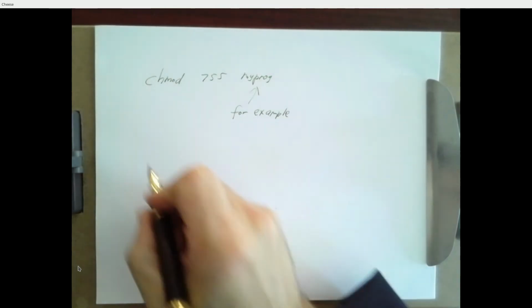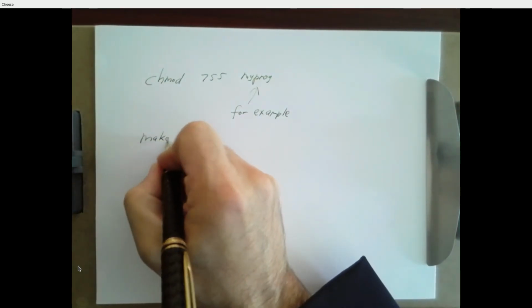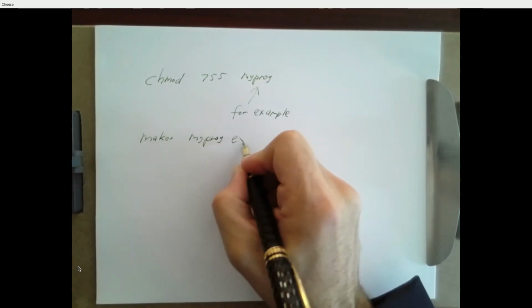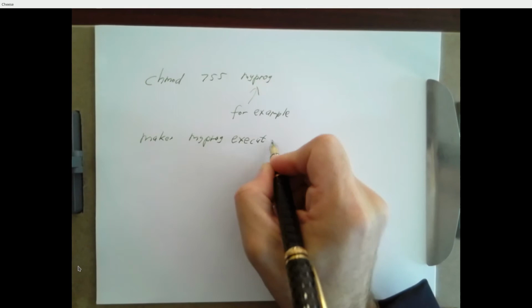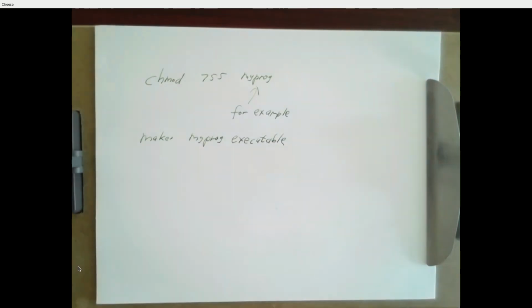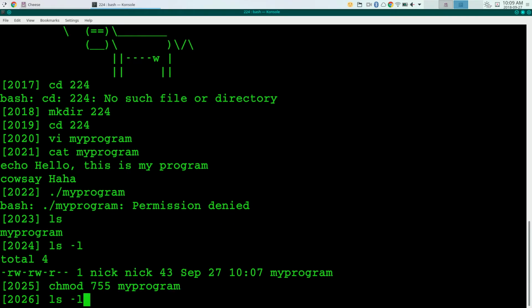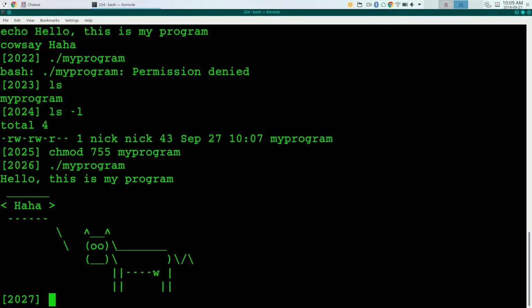And that makes it executable. So if I do that, and then I say my program, it'll go ahead and execute my program. So it reads each line from that file and it runs it as a Unix command. So it does my echo and it does my cowsay.